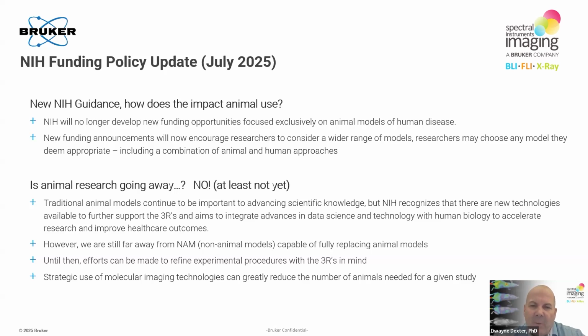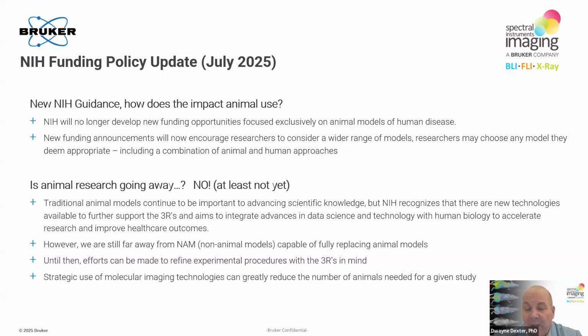Grant funding requests are going to encourage researchers to explore the use of a wider range of models, particularly the NAMs. And if animal models are going to be part of the study, you really have to have a robust explanation for the use of the animal model, as well as, again, reiterating your commitment to the three R's. But with that said, is animal model research disappearing tomorrow? No, it's not.